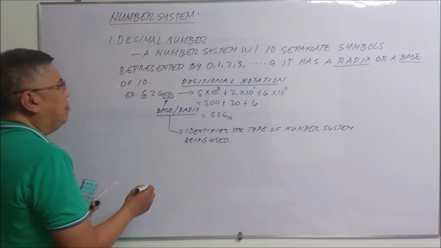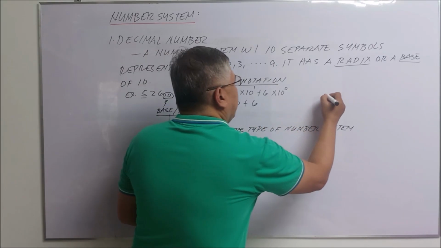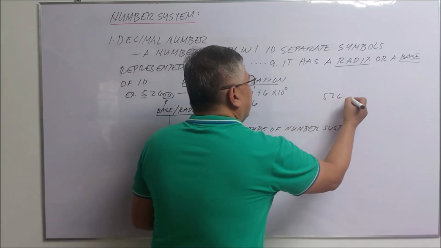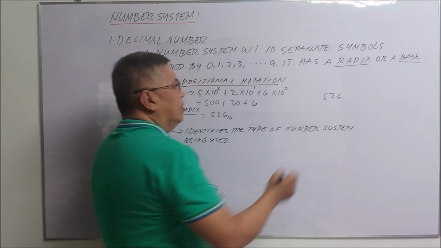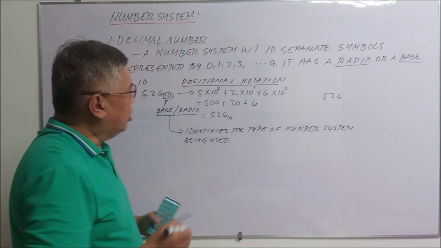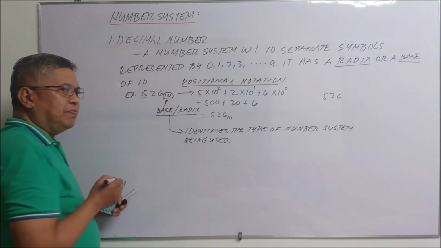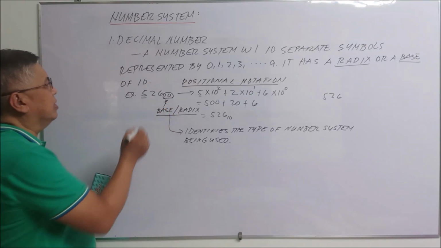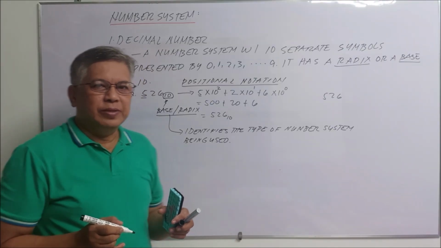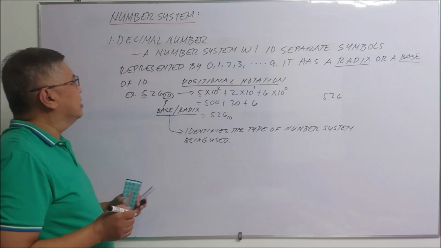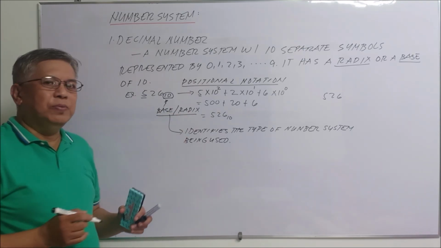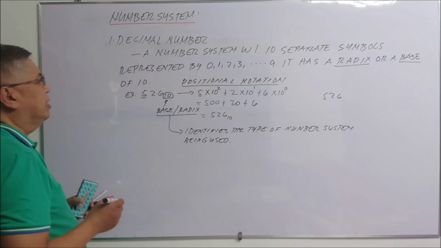For example, if you have 526 without the base, this one here can be an octal number, or this can also be a hexadecimal number. So with the presence of your base, we can say that this is a decimal number system. Okay? So that is the use or the meaning of the base or the radix.